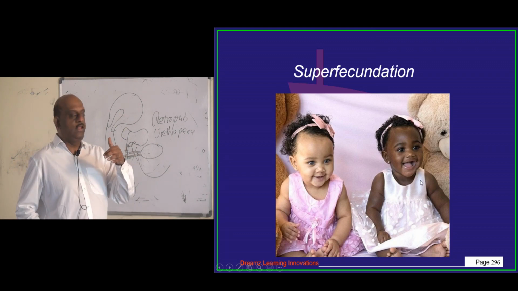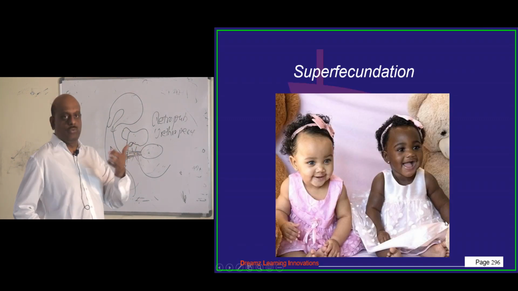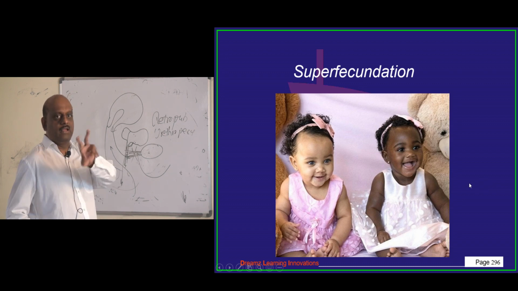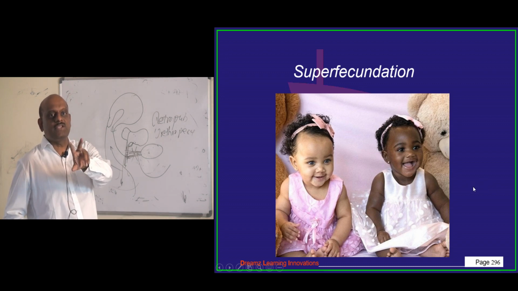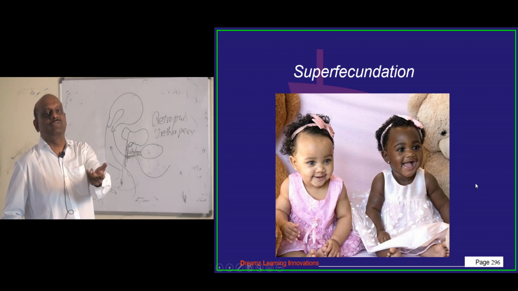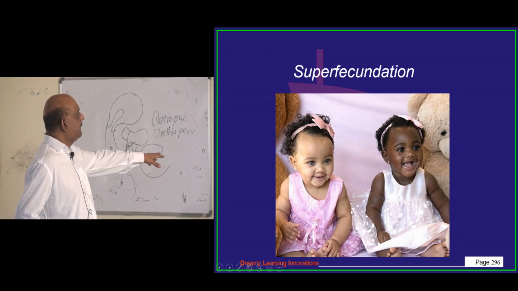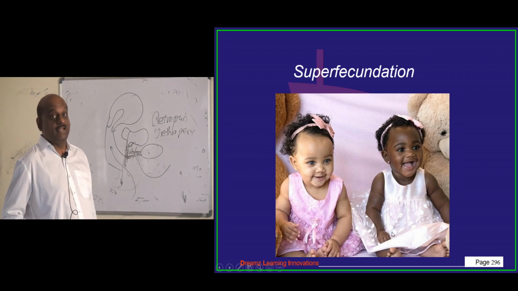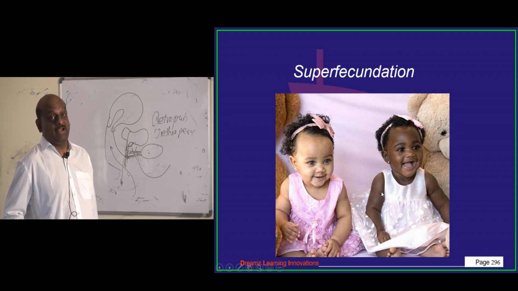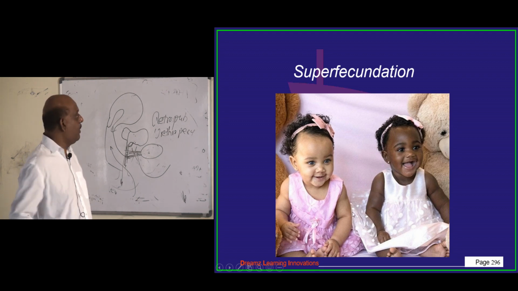Generally, when one ovum fertilizes, the second ovum fertilization doesn't occur. In few people it can occur. It's like two sisters born by two separate acts of coitus, and that's the reason they may not look alike. One can be like dad, completely black, another can be very fair like the mom, right?